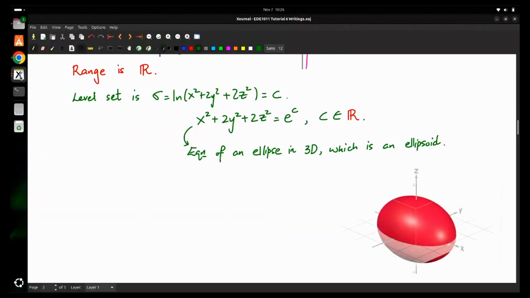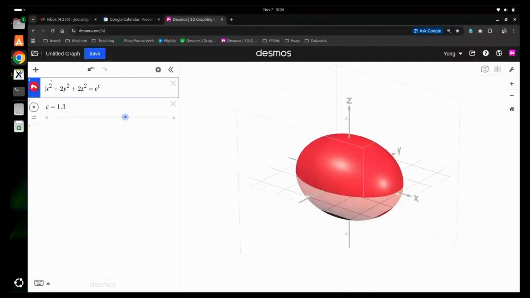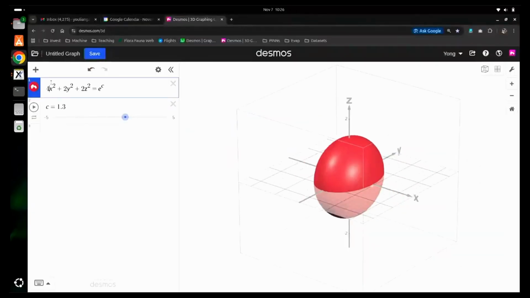Why is it that if this is a 4, then it will squash the egg in the x direction? Because at y equals 0 and z equals 0, representing the x-axis, you can solve 4x squared equals some constant for the x-intercept.